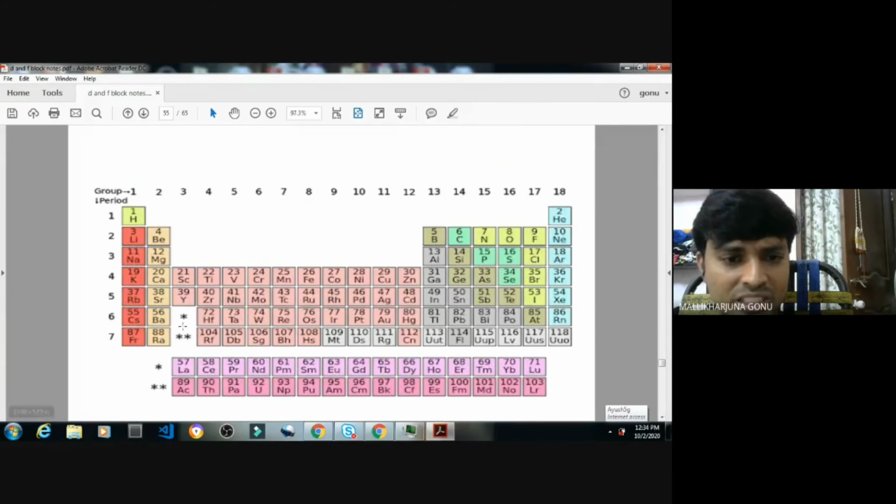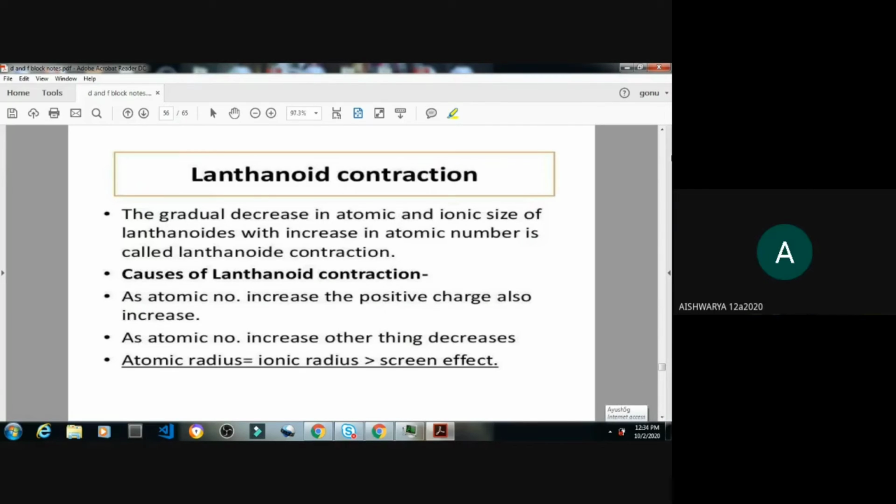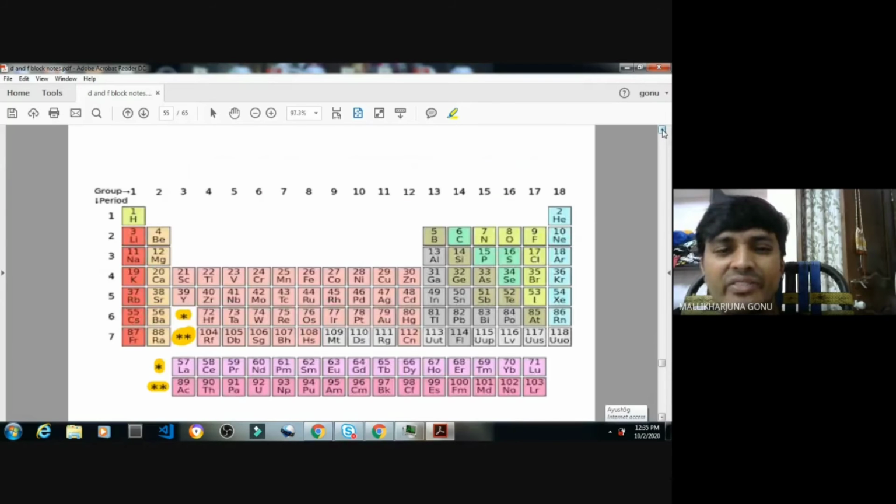So this is how it will be present here. In periodic tables, the 4f block is denoted by a single star, and the double star means the actinoids. Why is lanthanide given as a double star, sir? Just for identification purposes.